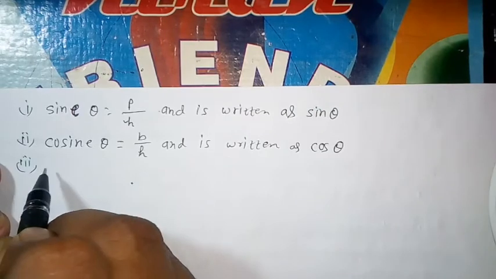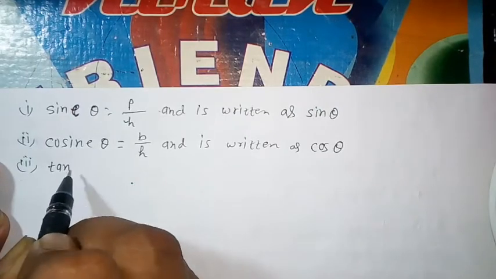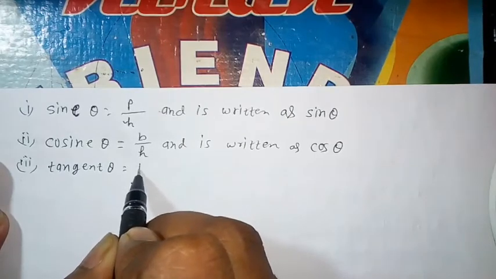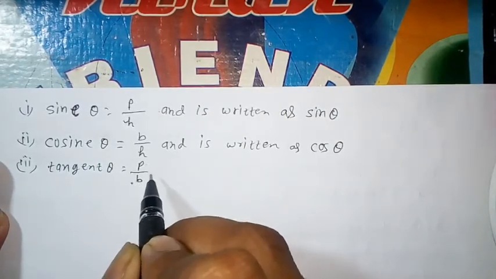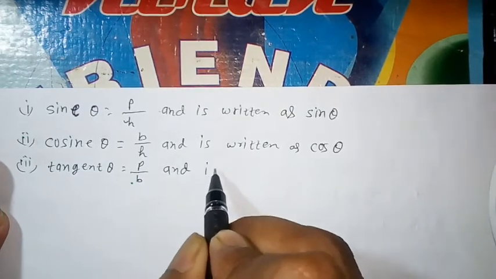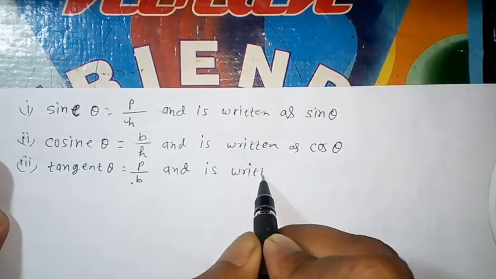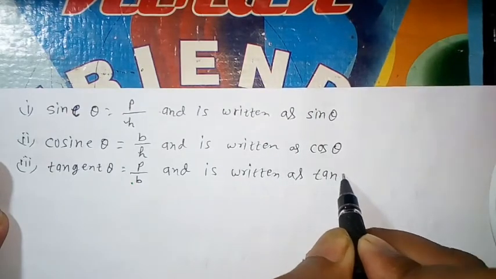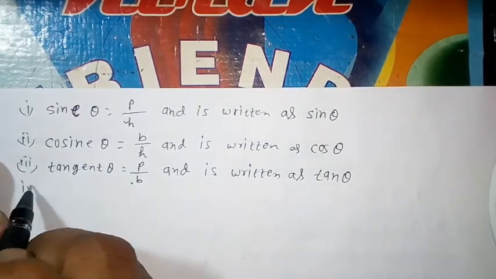Third, tangent theta is equal to p by b, perpendicular by base, and is written as tan theta.